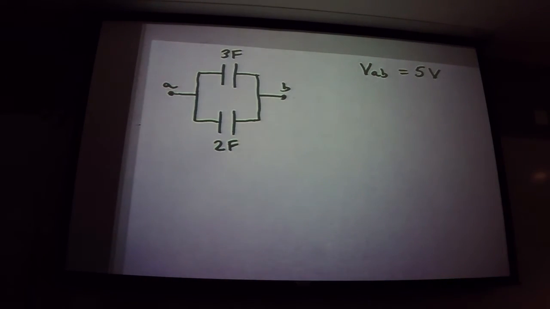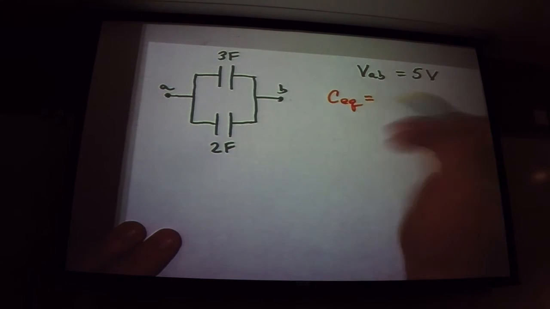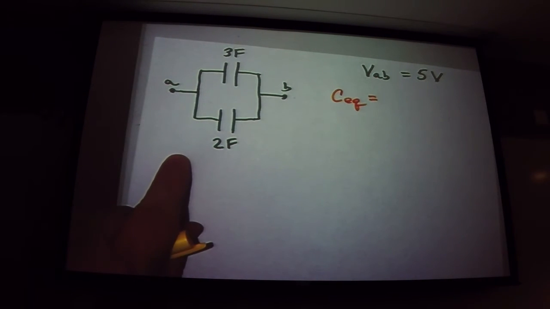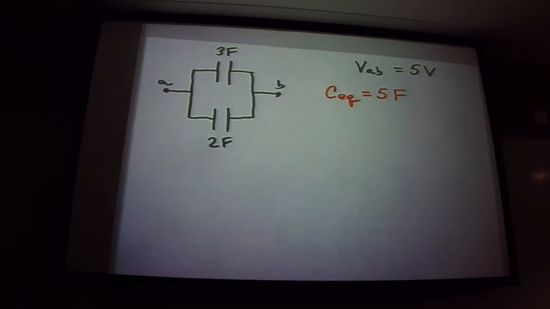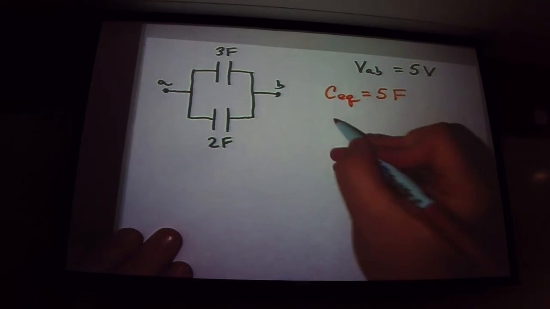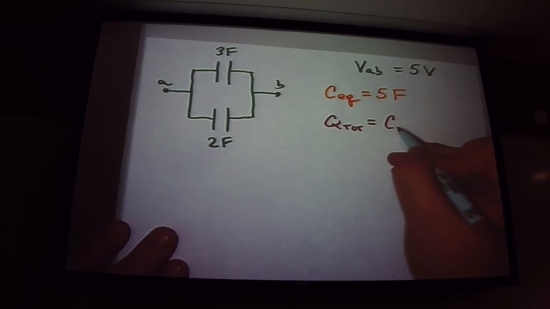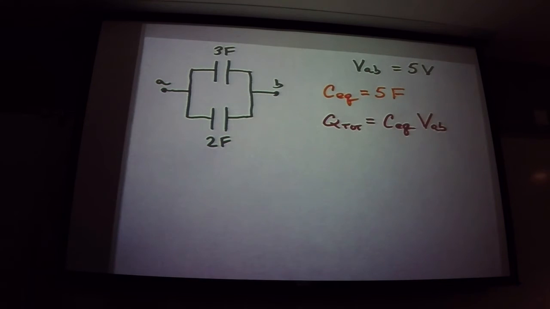So what kind of circuit is it? Parallel. So the equivalent capacitance is C1 plus C2, which is 5 farads. Then I can figure out the Q total. Going back to my definition, the Q total is equal to C equivalent multiplied by my VAB. We'll get to the Q1 plus Q2 in a bit.